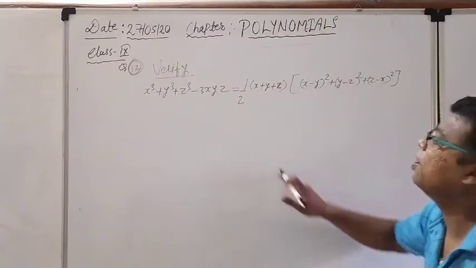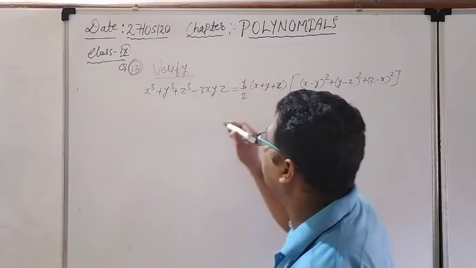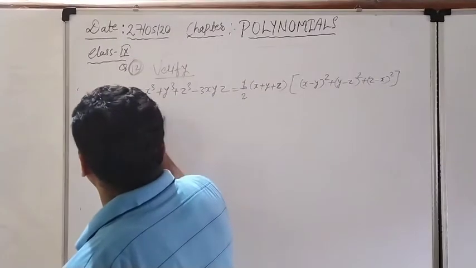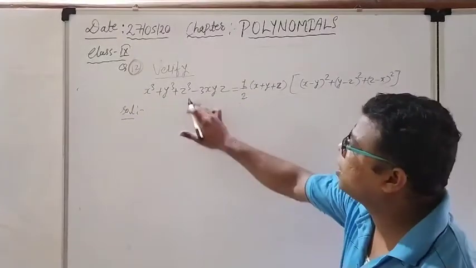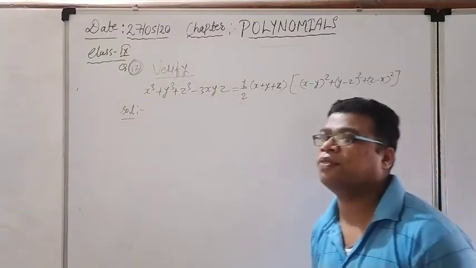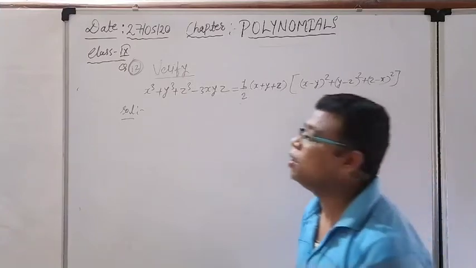Right now see how we have to prove. Be very careful because things are not that easy right now. Look here, because the expression is given on the left hand side, we have to concentrate on it first: x cube plus y cube plus z cube minus 3xyz. We know the identity.